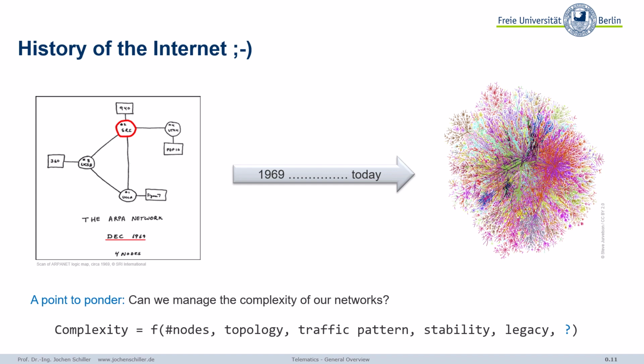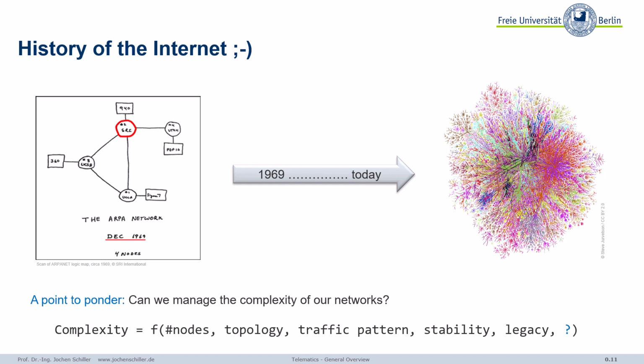This is a mesh network somehow with some structure. We'll discuss this. But today, one of the big challenges is, can we manage the complexity? Can we handle the complexity? What does it mean if we introduce a new service?